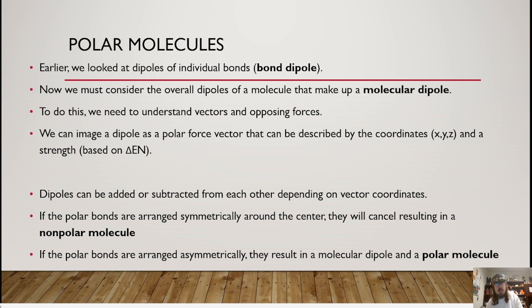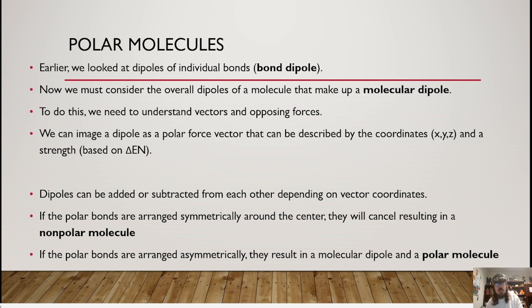So we can understand this as a dipole. We need to understand how the strength is pulling one way or another, not just the direction, but also the strength. It's like a big tug of war within the molecule.